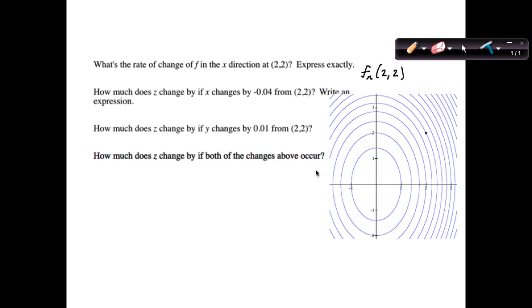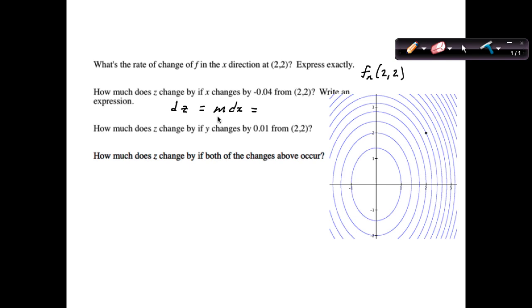I was thinking it would be dz equals negative 0.04 dx. dz equals negative M. Yes. Okay, so what is m? So what is the rate of change that we need if we make a change in the x direction? Yeah, so exactly. dz equals m dx. Perfect.